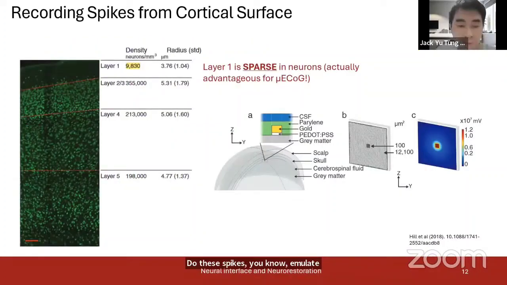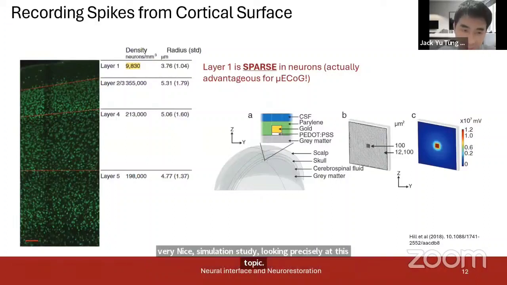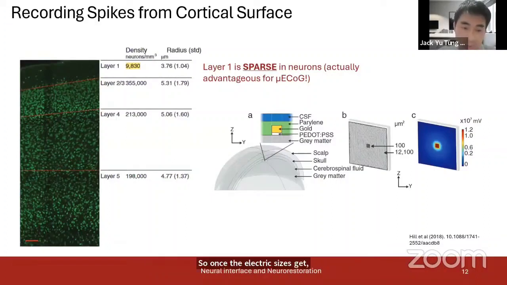Chestek's group in Michigan has done a very nice simulation study looking precisely into this topic. Once the electrode sizes get small enough, down to the micrometer scale, as in the case of micro-ECoG, the population of neurons that lie in the outermost layer of the cortex, that is layer 1, are the closest to the surface recording electrodes of the micro-ECoG array.